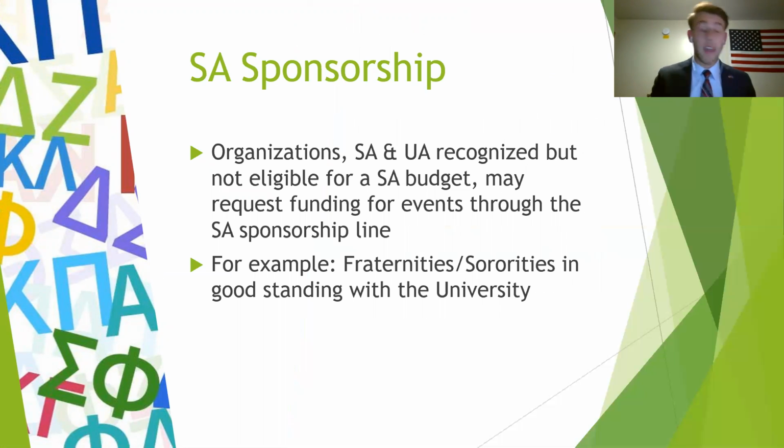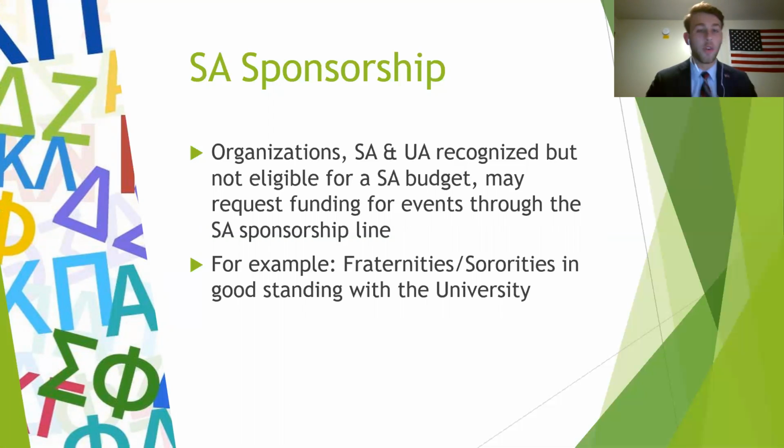We've had it in the past, these past 2 years, if a fraternity or sorority comes through and they're asking for sponsorship funding for a certain event, obviously you can't get an SA budget, but you can get sponsored through this line. But you have to be in good standing with the university, and we will check through Student Activities, the office, but obviously you're eligible to apply for this funding.